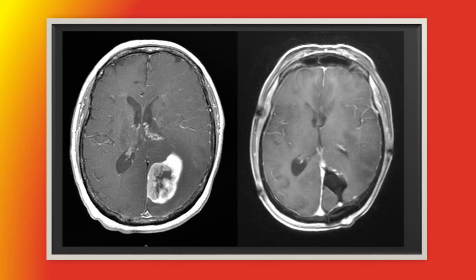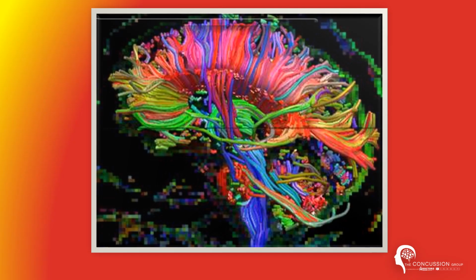Here's another picture. It's a CT picture. The radiologist, or the neuroradiologist in this case, is still interpreting a picture. And this one shows a tumor in the back of the brain. Here's one more picture. It's a tractography diffusion tensor imaging, DTI.